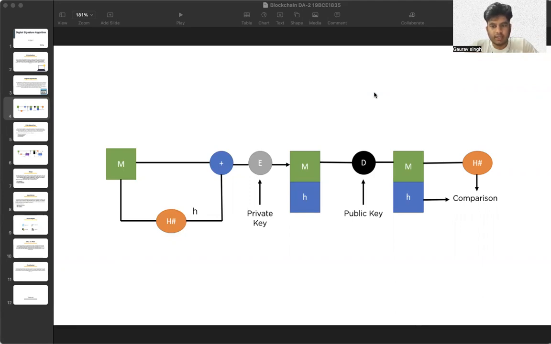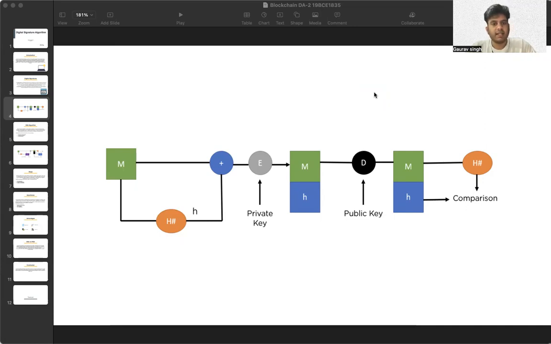So I'll go through the step-by-step process. Firstly, M, the original message, is passed to a hash function denoted by H to create a digest. Next, it bundles the message together with the hash digest h, and encrypts it using the sender's private key. Then it sends the encrypted bundle to the receiver, who can decrypt it using the sender's public key.